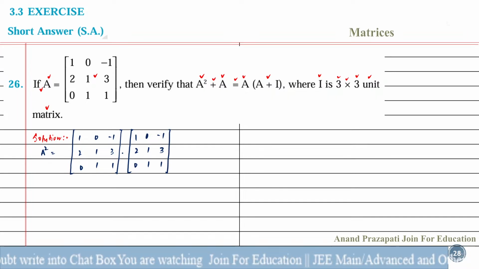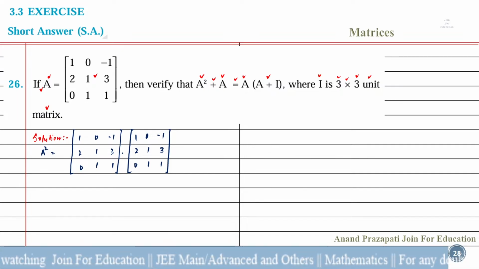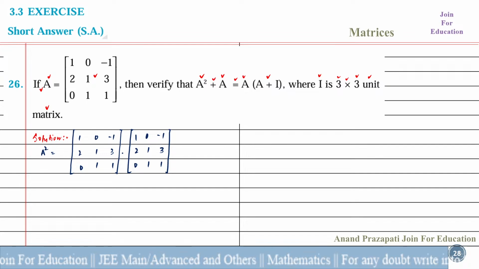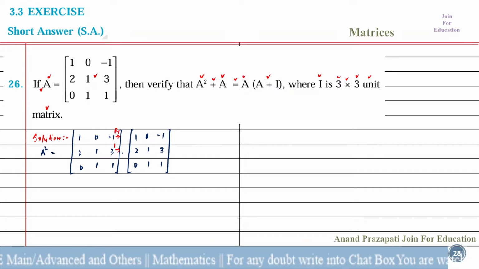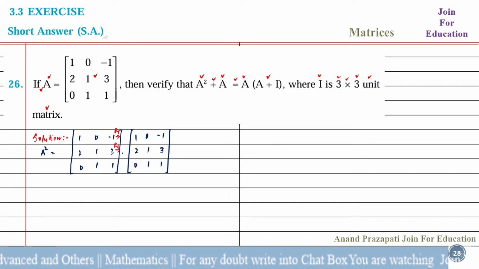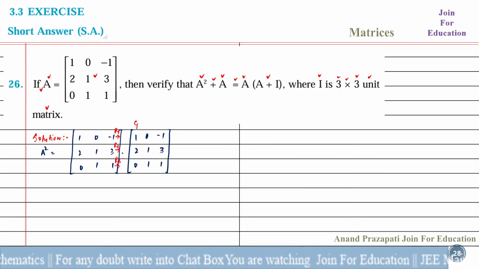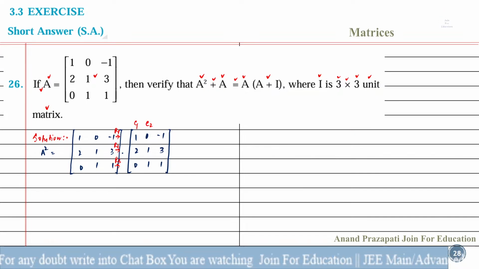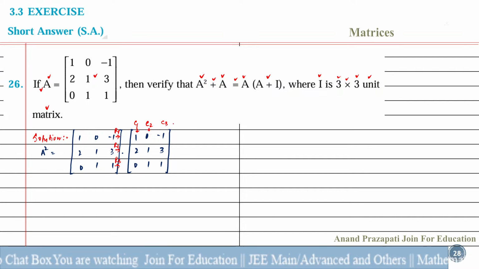So here will be R1, R2, and R3. This is R1, this is R2, and this is R3. This is C1, this is C2, and this is C3.